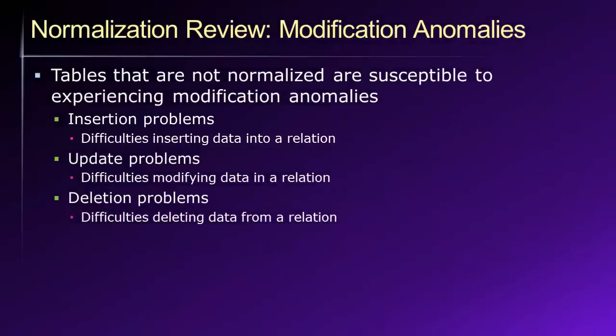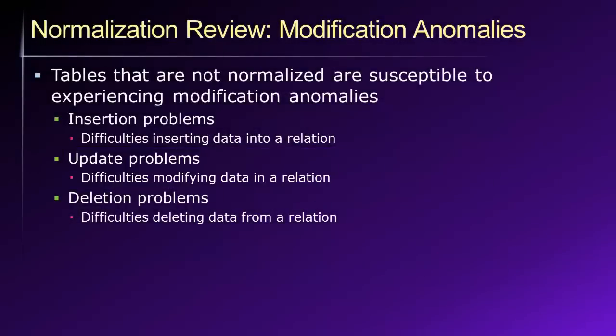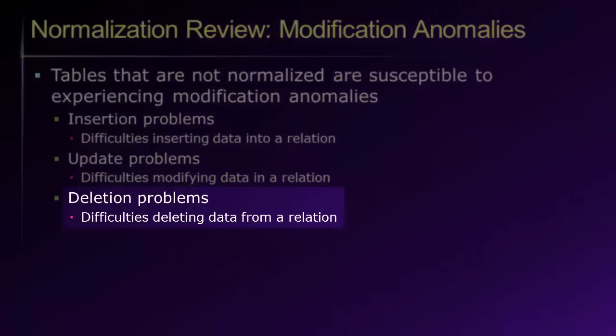Next, we have update anomalies, in which a problem arises when we attempt to modify the data in a table. And finally, we have deletion anomalies, in which a problem arises when we attempt to delete existing data from within a table.